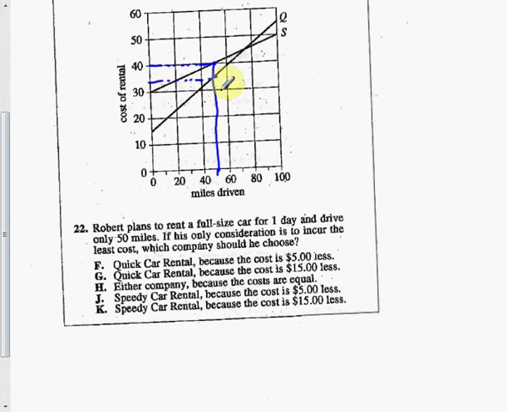Well, it looks here that the Quick car is going to be less, and so it looks like the difference is around $5 or less. So here we choose F. Do you see that? We choose F, right? Does that make sense? Okay.